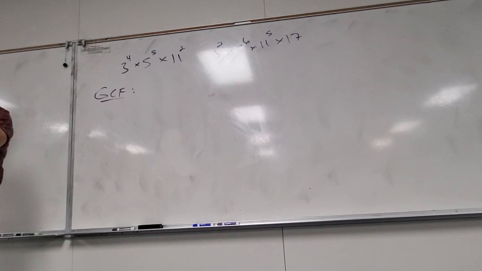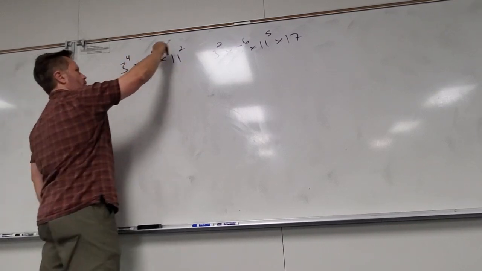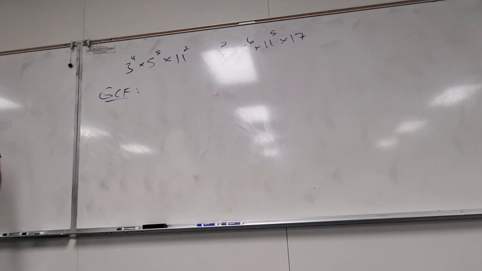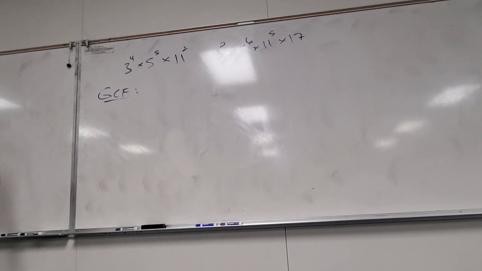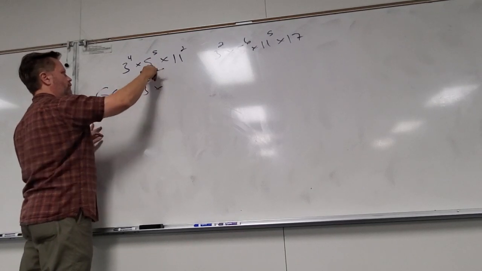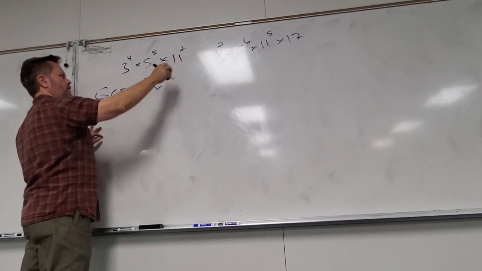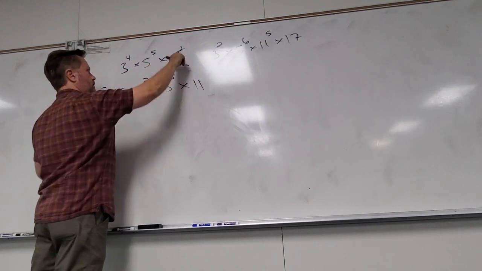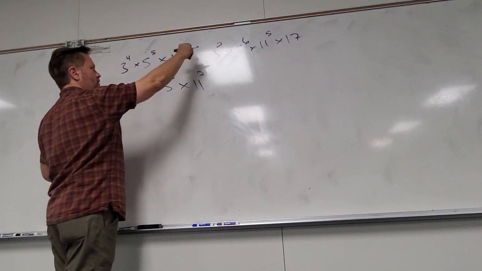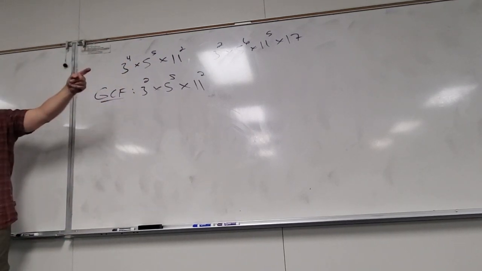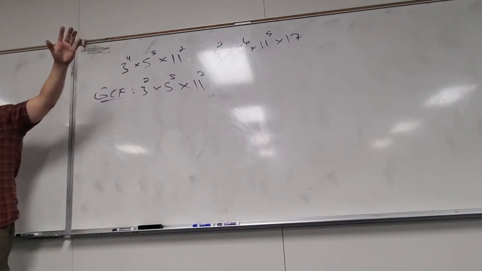You guys remember the shortcut for this. To build up the GCF, I just take the smallest power I see on each thing, right? So then I would take the square on the 3. What about the 5? 5 to the 5th. What about the 11? Second power. What about the 17? The 0 power, right? Because this guy's got no 17. So whatever that number is, it is the GCF of those.